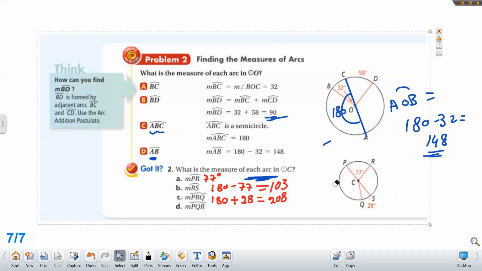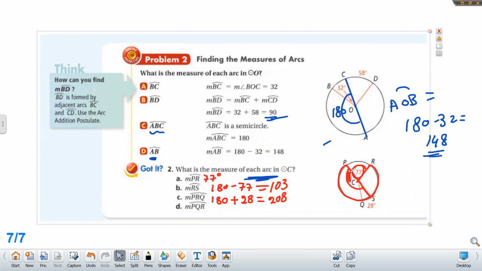The next is the measure of BQR. It's supposed to follow the letters, which is very important. First of all, this is the first, which is 180, and I am supposed to add 180 plus 77.